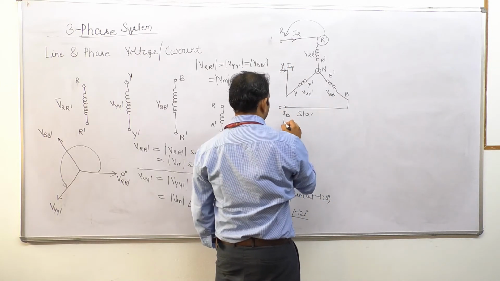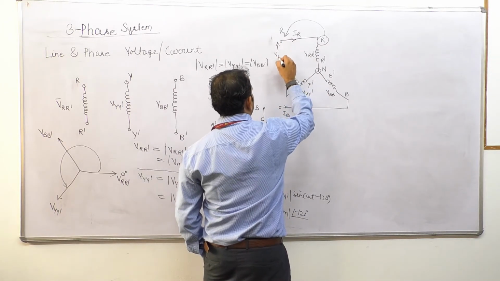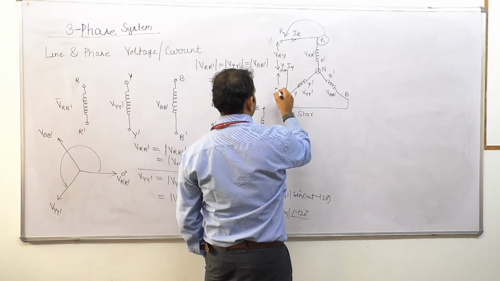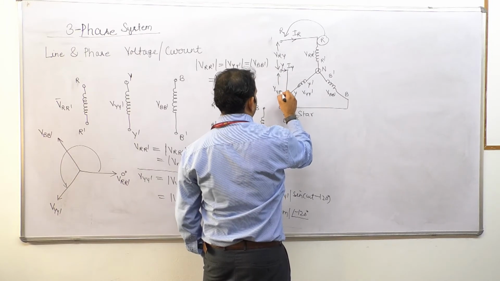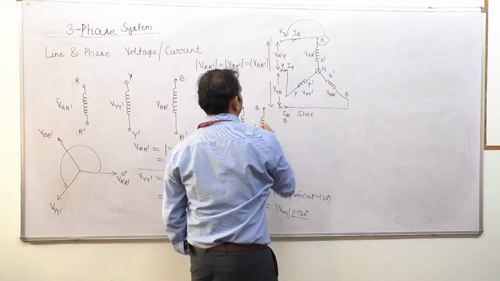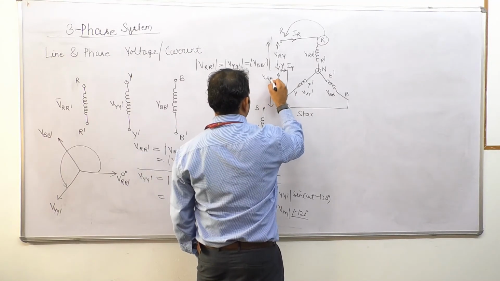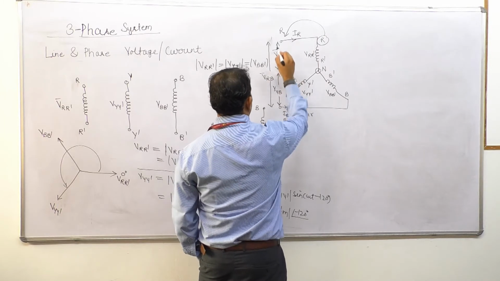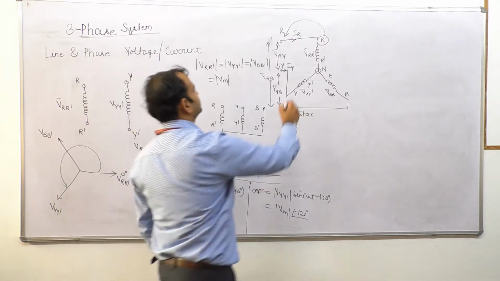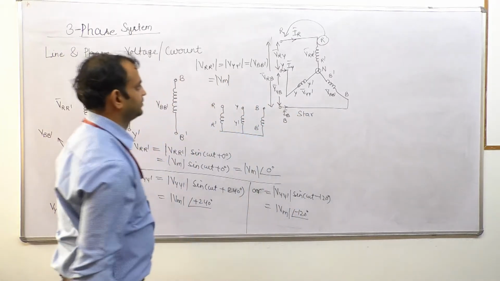So the voltage across these two points is called VRY, and this is VYB, and the whole voltage across these is VRB, again a vector quantity. All the quantities are vector.